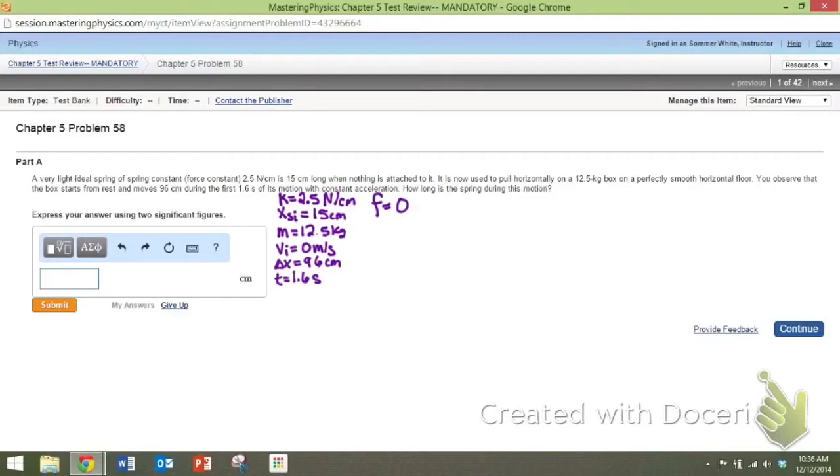All right, we have the fact that xf minus xi is equal to vi t plus 1/2 a t squared.